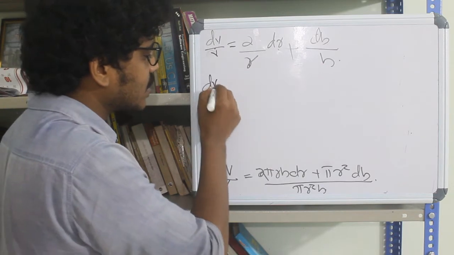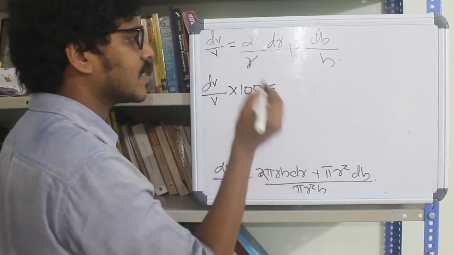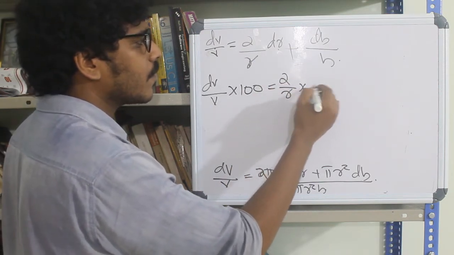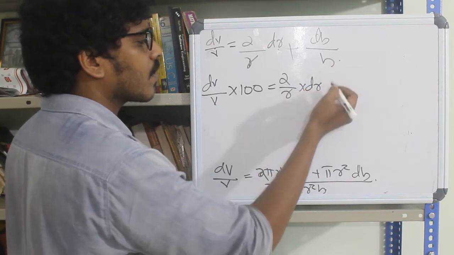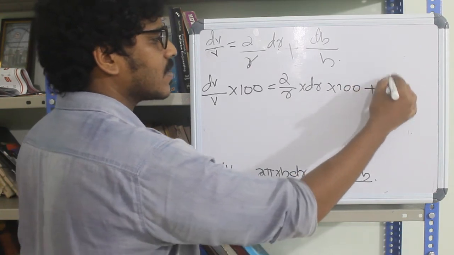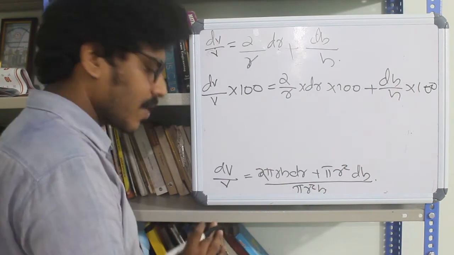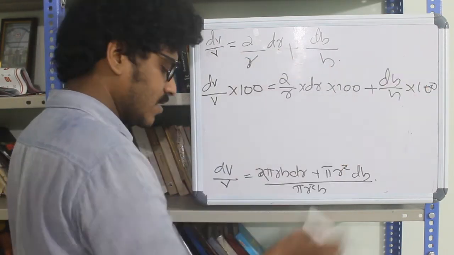So what is the percentage error or percentage change? dV by V into 100, which is equal to 2 by r dr into 100 plus dh by h into 100, right? We just multiplied the whole expression with 100.